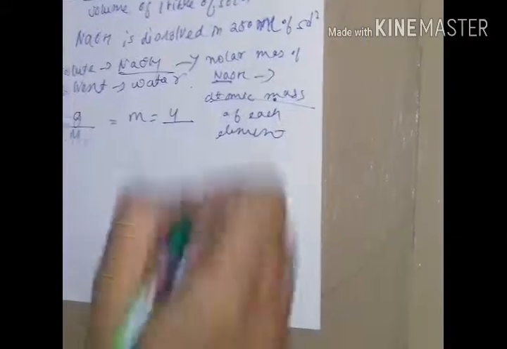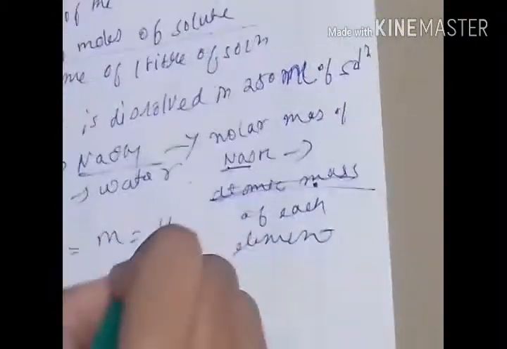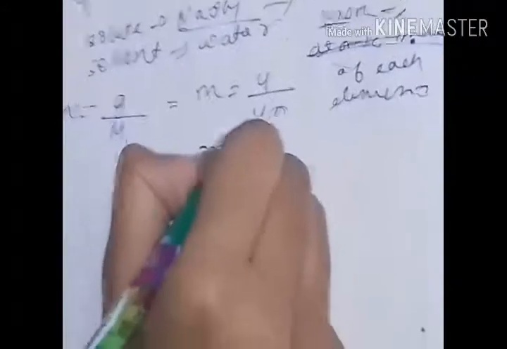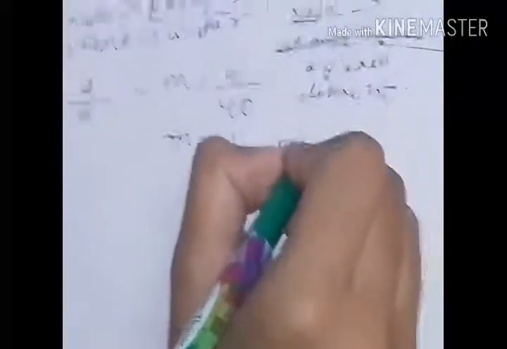Atomic mass is different from atomic number. You couldn't write 11 for sodium or 8 for oxygen. You have to write atomic mass. When we calculate the molar mass of NaOH, we got 40. So we get 4 by 40, which is nothing but 0.1. What do we have to write? Moles. Here we are finding moles.